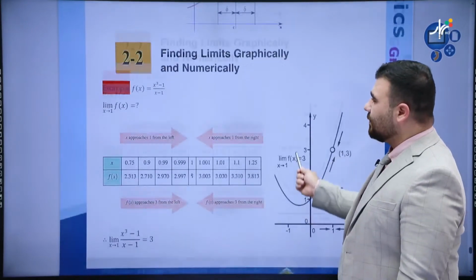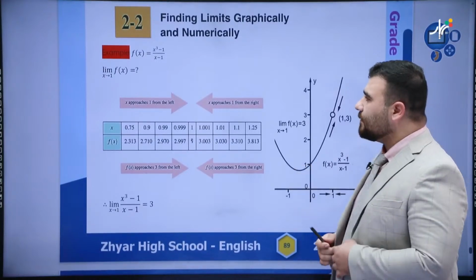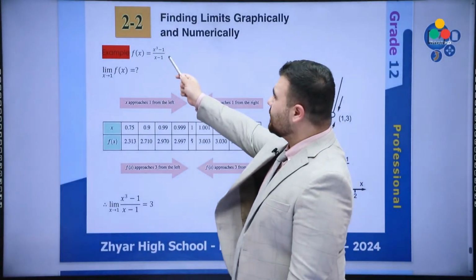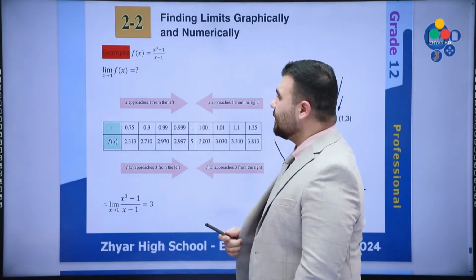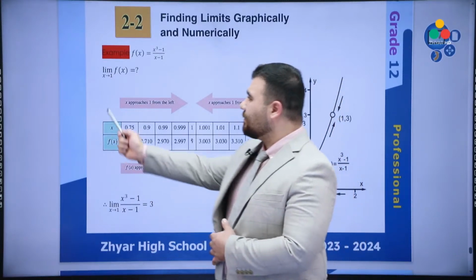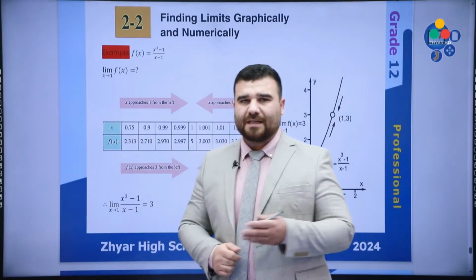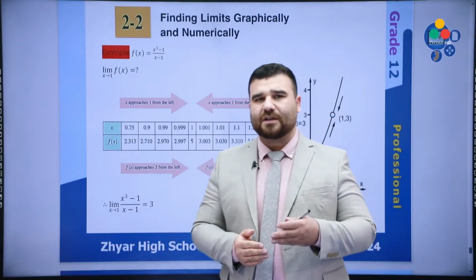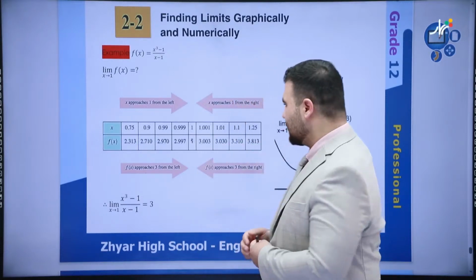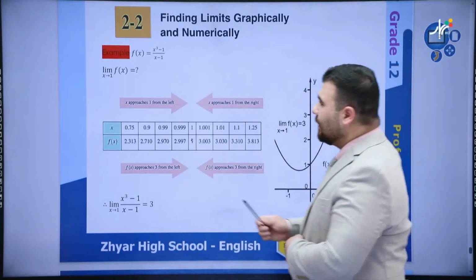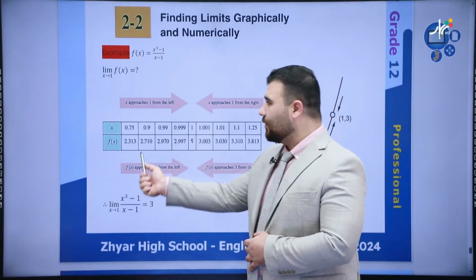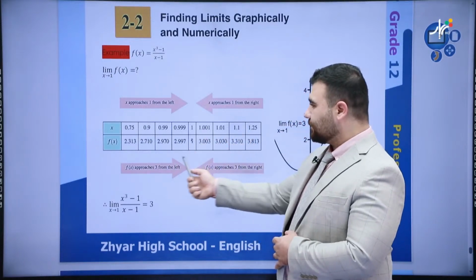Here we have an example of this approaching. f(x) is equal to (x cubed minus 1) over (x minus 1). Find the limit as x approaches 1. x approaches 1 means x getting close to 1, but x is not 1 directly. We can get closer to 1 on both sides, left and right.